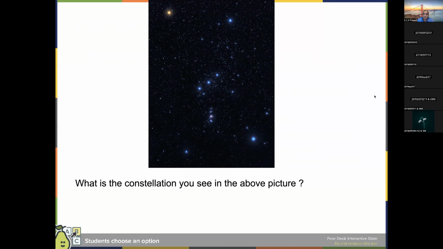Anybody have an idea? There is a constellation in this picture, a pattern of stars. Can anybody identify it with these bright blue stars? What is this constellation? This is a very popular one, in fact.